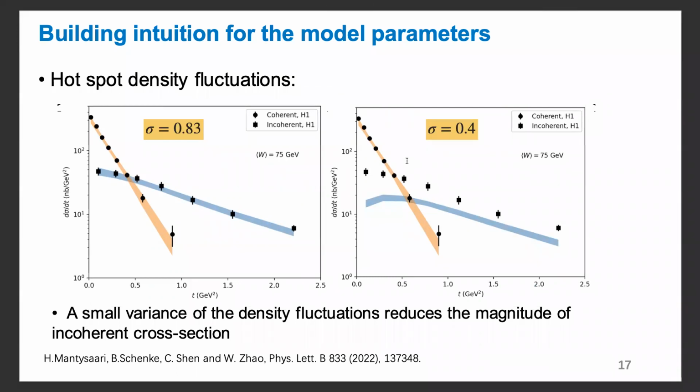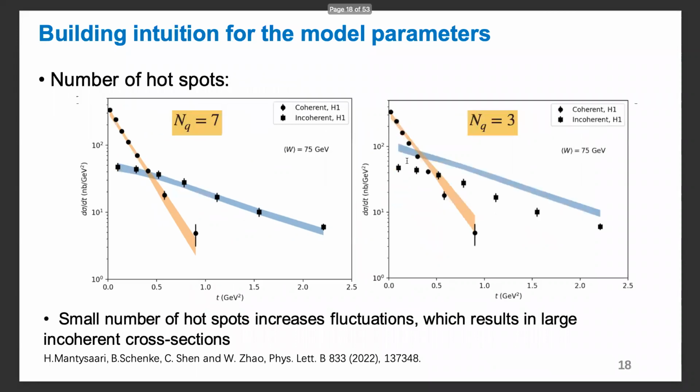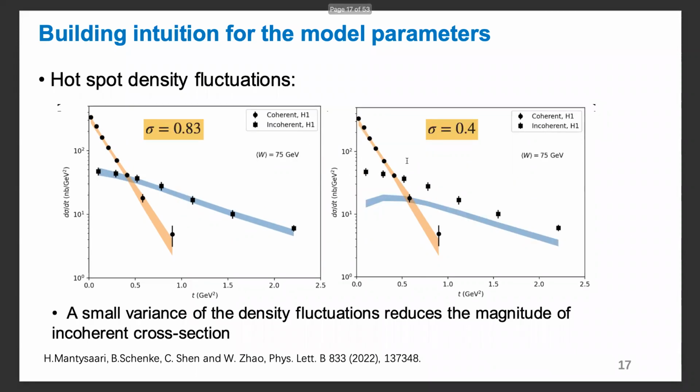So the incoherent cross section probes the fluctuations of the proton geometries, and less fluctuations will decrease the incoherent cross sections. It's also T-dependent, right? Yeah, there is some T dependence. For example, a large effect at low T and a small effect at high T.